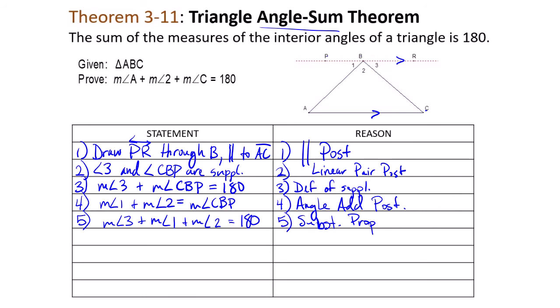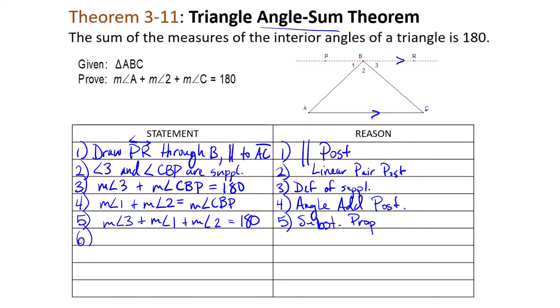Add up to 180, which was fairly intuitive because they make a straight line, right? It's not a linear pair, it's kind of like a linear triple, and we don't have a postulate or theorem for that. So it took us a little bit to just say, oh yeah, these add up to 180, right? So it seems pretty obvious, but you can see the logic that we had to include to technically prove that. Okay, all right.